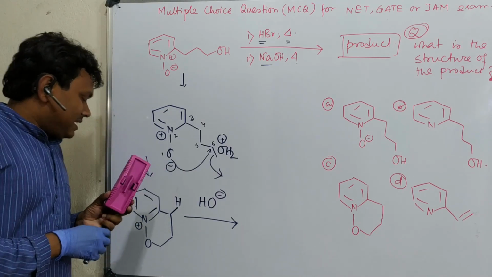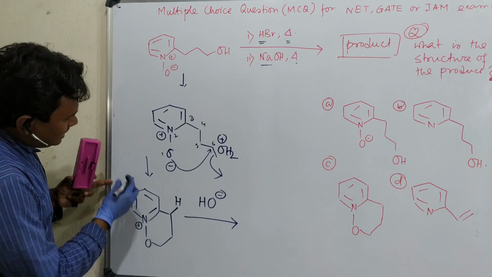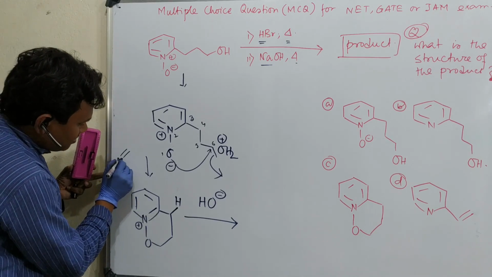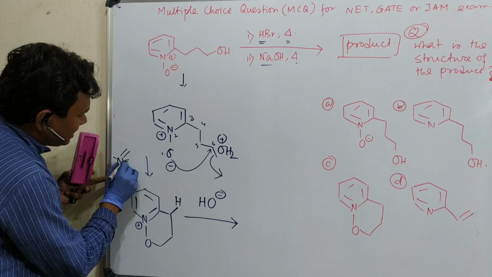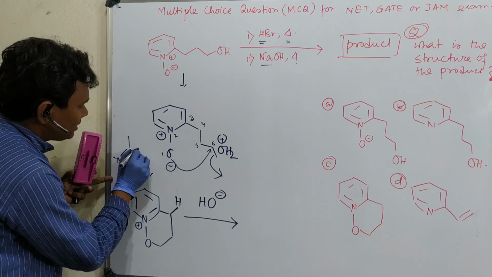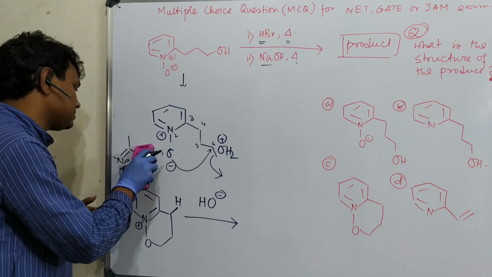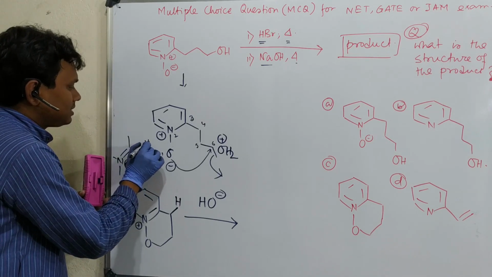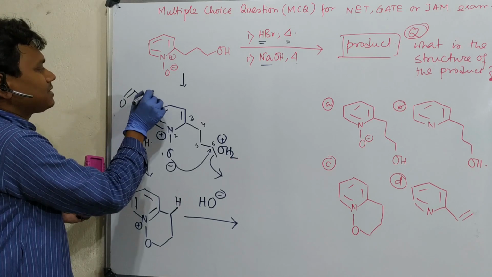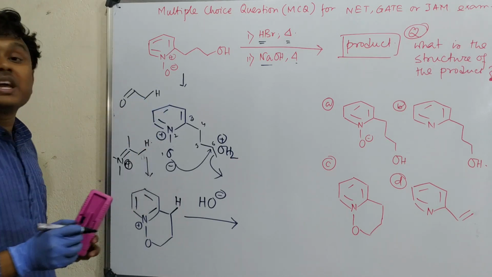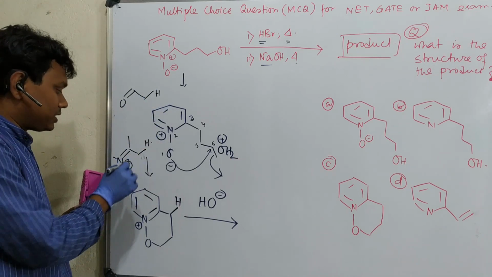See, this proton is similar to being alpha to the nitrogen cation, so you can say this is an alpha proton of carbonyl type. More than that, it's a protonated species.